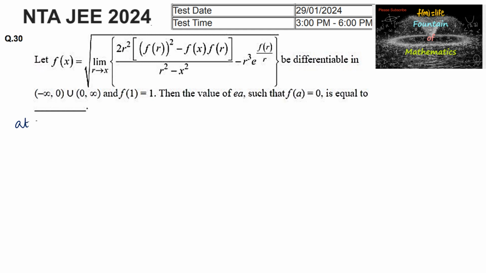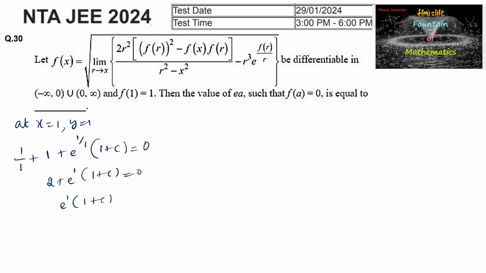Now at x is equal to 1, y is equal to 1, so we can write 1 upon 1 plus 1 plus e to the power of 1 upon 1 times 1 plus c is equal to 0, or we can write 2 plus e to the power 1 into 1 plus c is equal to 0, or e power 1 of 1 plus c is equal to minus 2, or 1 plus c is equal to minus 2 upon e, or c is equal to minus 1 minus 2 upon e.